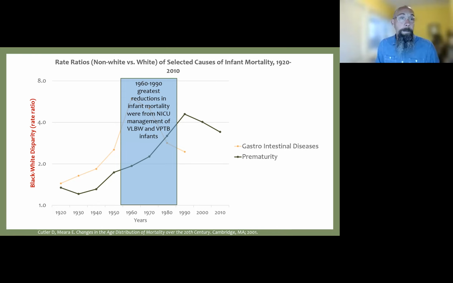At this point, they're available to many people, but a similar pattern where as NICUs became available, the early adopters, or the people with early access, were people with access to these resources like elite academic institutions or private hospitals. And so their mortality from being a little tiny baby went down while the mortality for Black babies didn't, and that resulted in this increase and then a decrease.